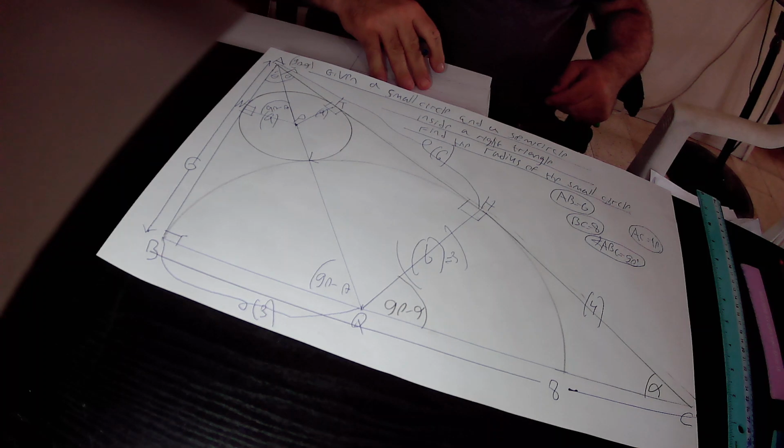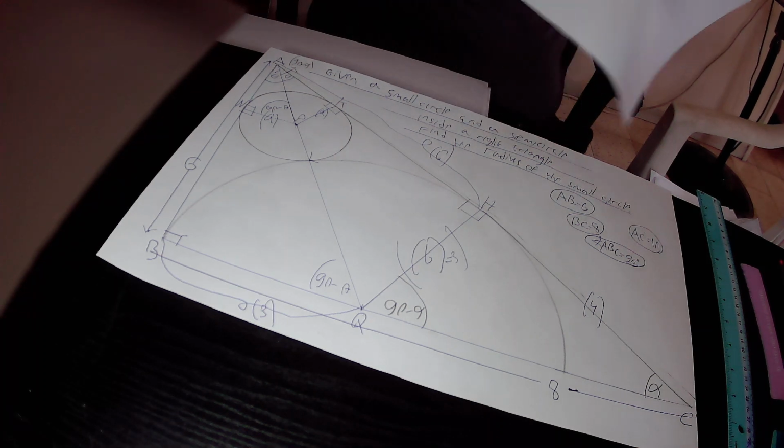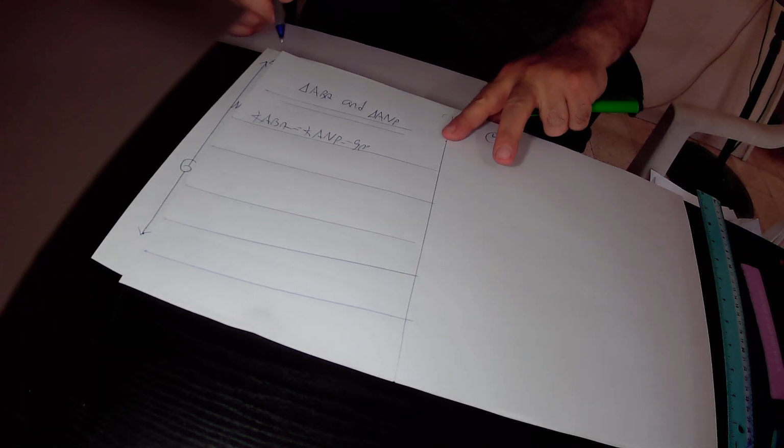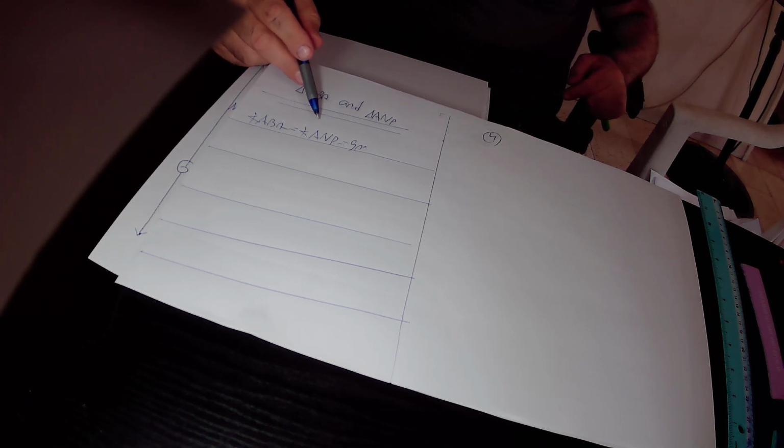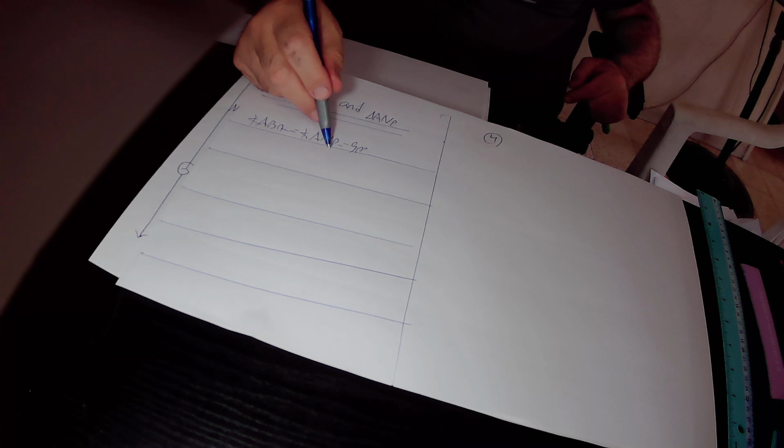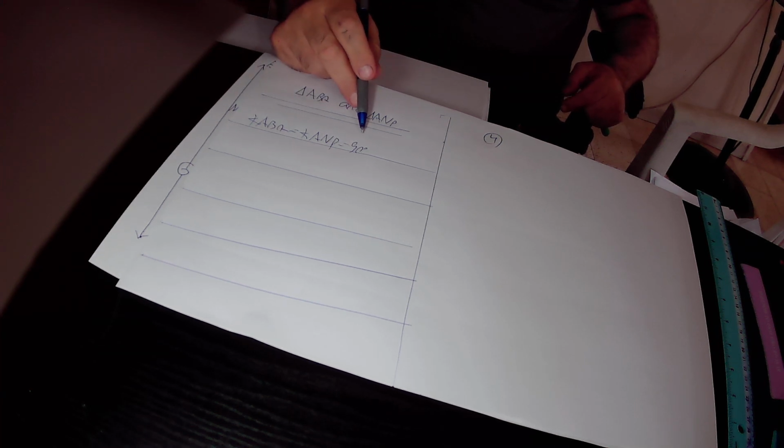And then again, we found out that angle ABQ in the right triangle ABQ equals angle ANP in the right big triangle APN, they are both equal to 90 degrees, therefore they are equal to each other.